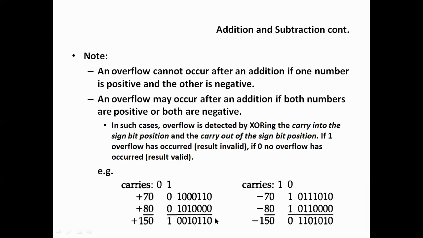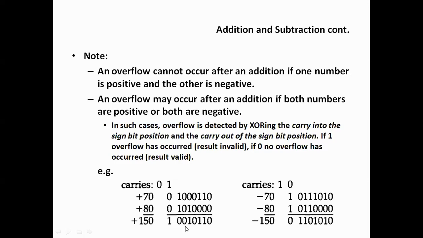The registers this computer is using consist of a 7-bit magnitude and a 1-bit sign. So the maximum number that can be stored in 7 bits is 127. But when we add these two, the answer will be 150. So a magnitude of 150 cannot be stored in a computer with a 7-bit magnitude register. So this is an invalid answer.